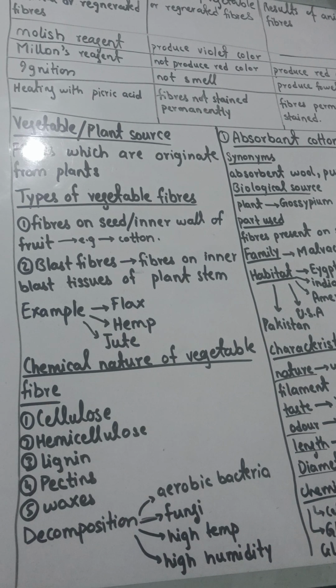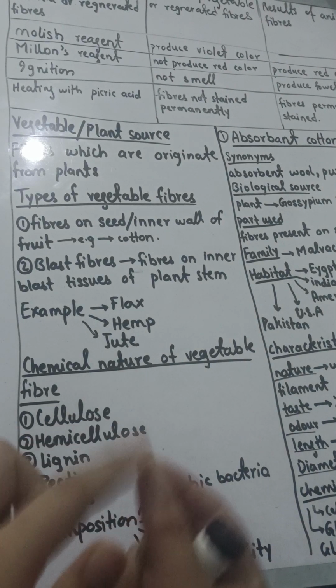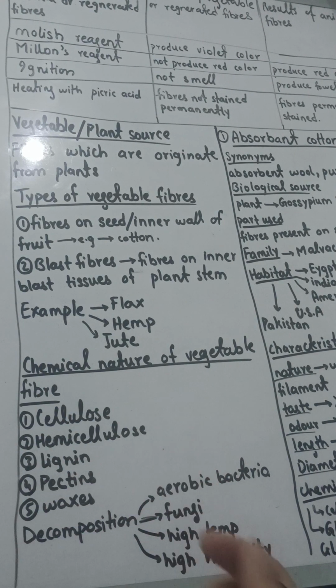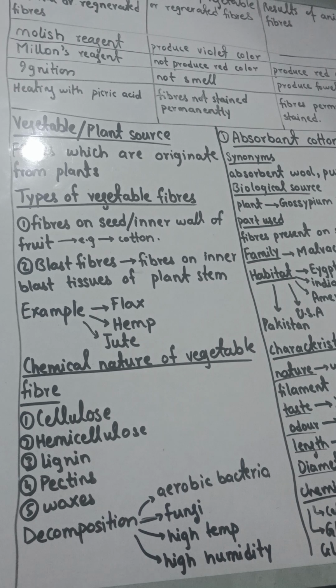Some fibers are present on the seed, and around the seed various kinds of fibers originate from it. For example, cotton seeds are just like that. Some fibers are present on the inner wall of the fruit also. They are collected from them, and after that we perform various procedures on them, and then they are ready to use.